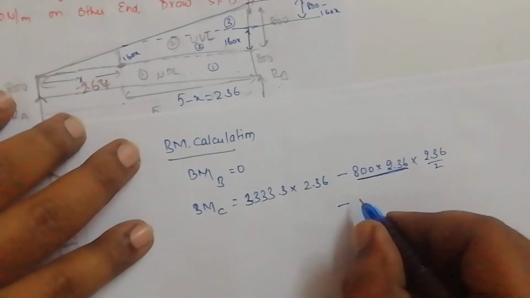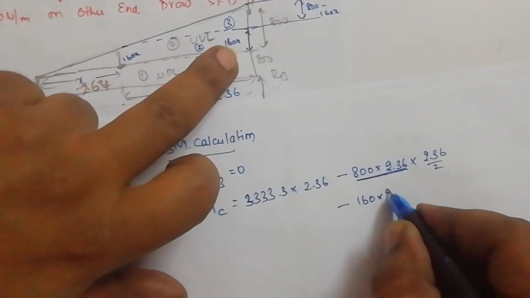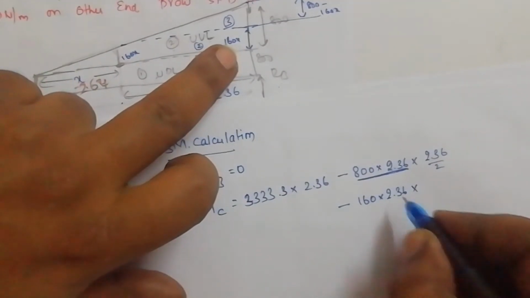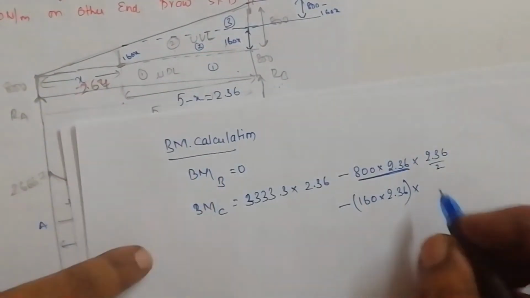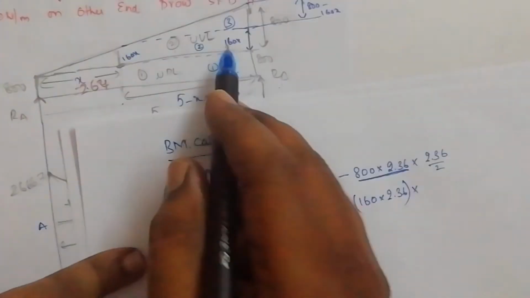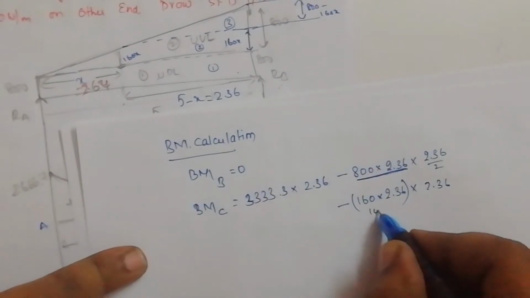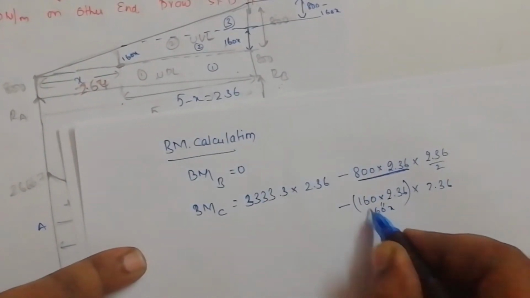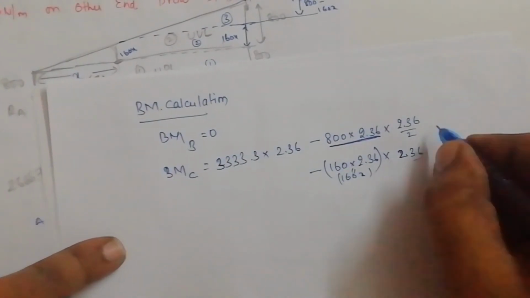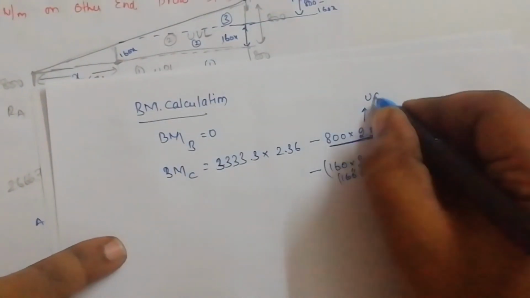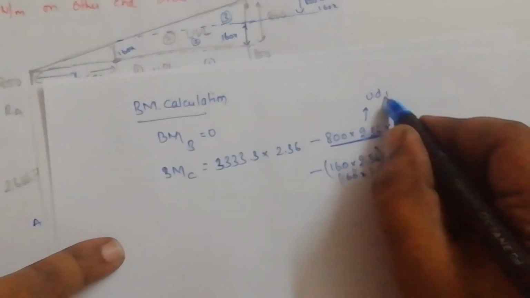Next, because of the UDL 160x, 160 first, x value is 2.36, okay, this is your height, into what is the distance of this, 160x minus 2.36. I will write here, this is 160, similar to 160x, this is your distance. This is because of UDL 1, and this is because of UDL 2.